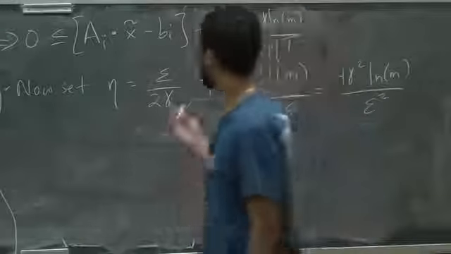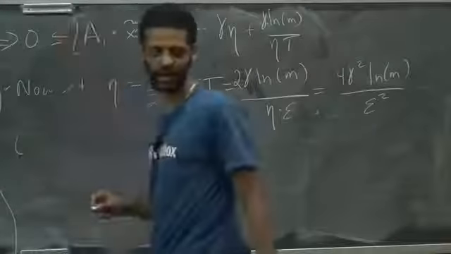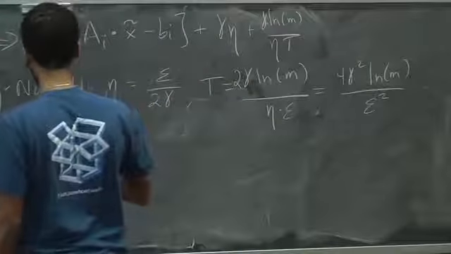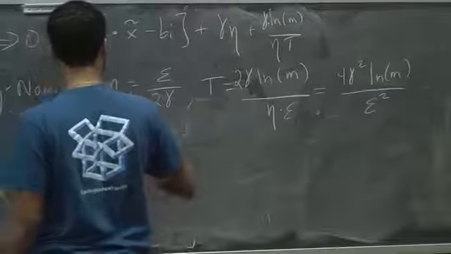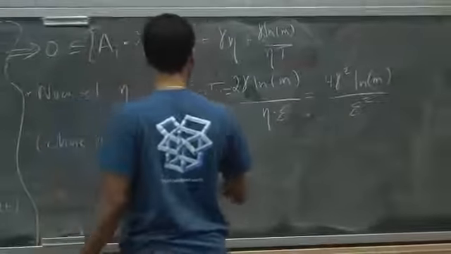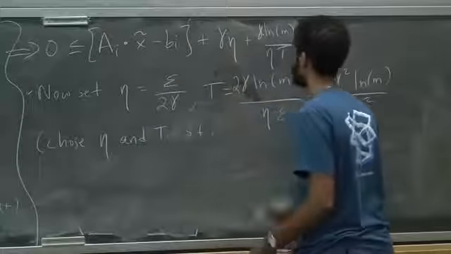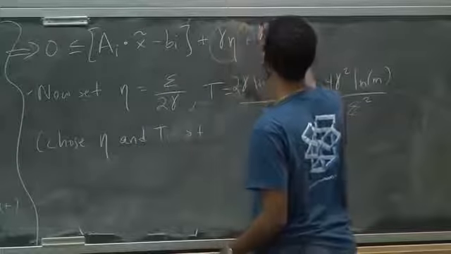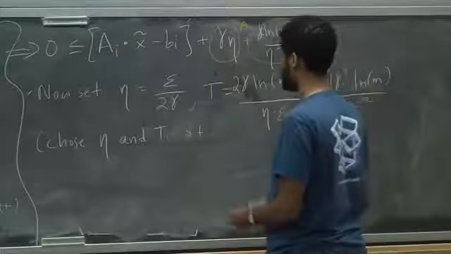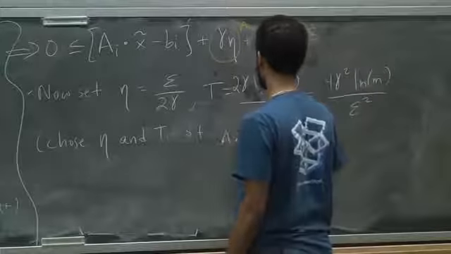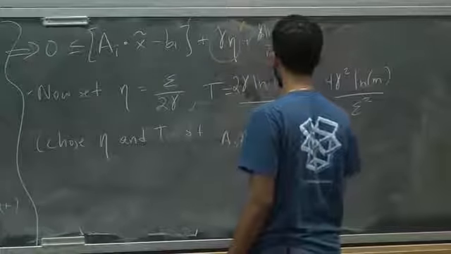All I did, you can verify this offline if you want, was choose eta and t such that, let me call this A and this B, A and B were at most epsilon over 2.